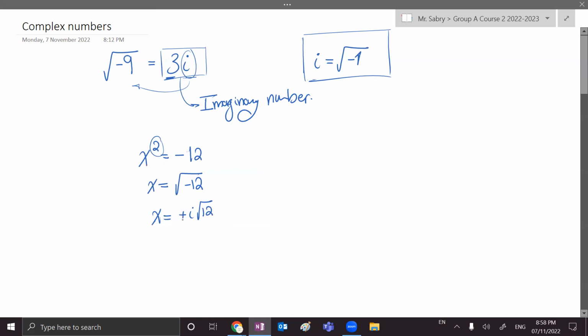Once positive i multiplied by root 12 and once negative i multiplied by root 12, which means that x equals negative i root 12, and then another time x equals positive i root 12. These are the imaginary x values for this number here. Does this make sense or not? Yes.